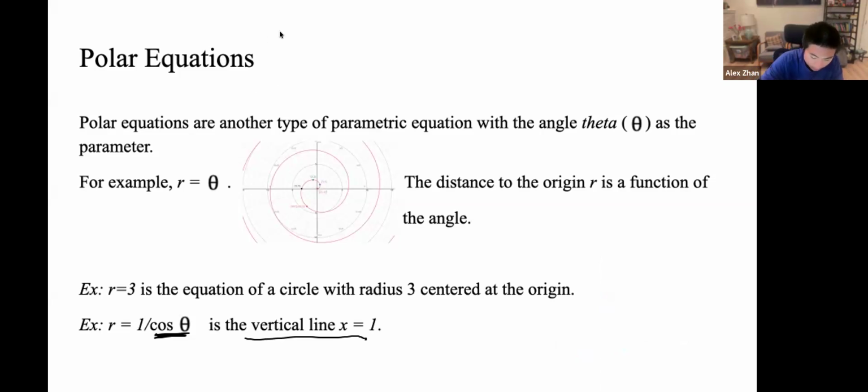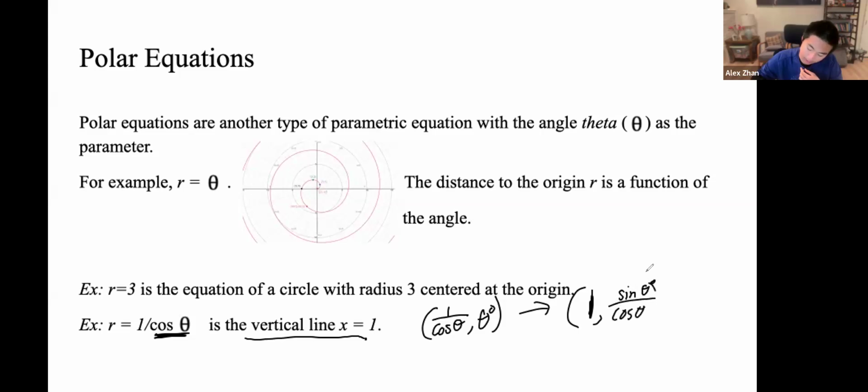Let's talk about why this works. The formula is points of the form 1 over cosine theta. If you write it in rectangular form, the x coordinate is 1 over cosine theta times cosine theta, which is 1. Meanwhile, the y coordinate is sine theta over cosine theta, which is just tangent theta.